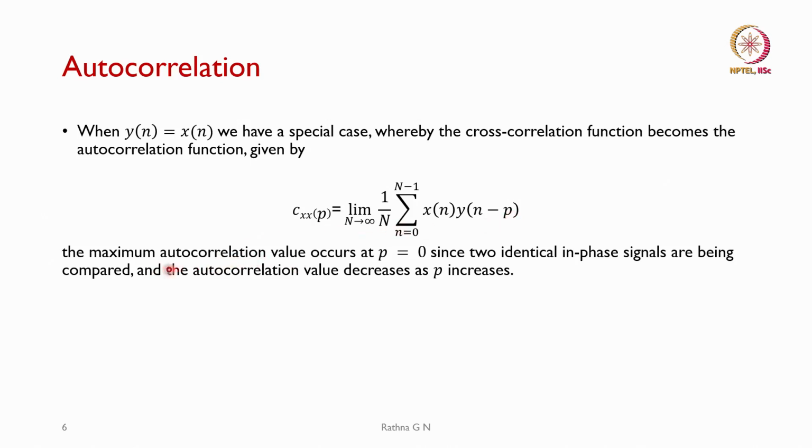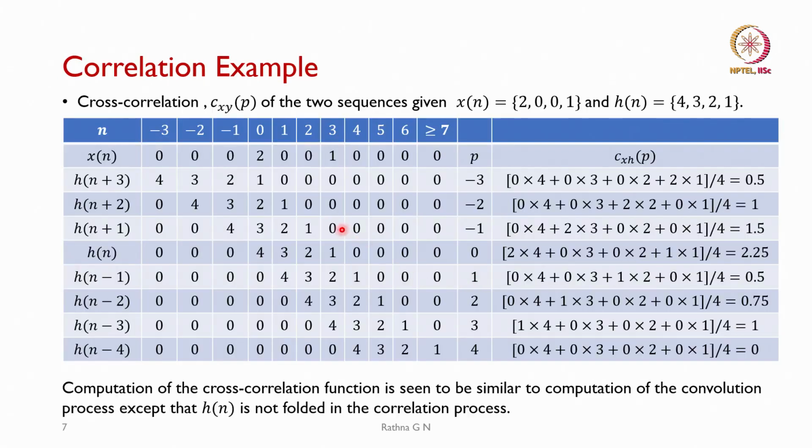In this case, the maximum autocorrelation is obtained when p is equal to 0, since two identical in-phase signals are being compared, and the autocorrelation value decreases as p increases. So, we will see how we are going to calculate our correlation as an example.